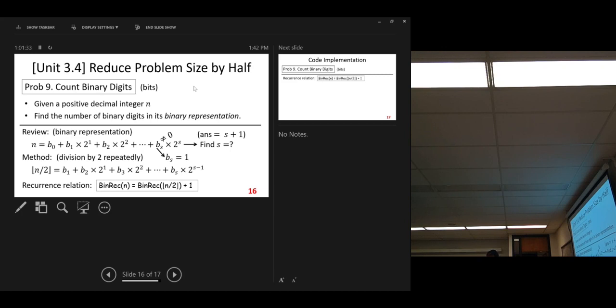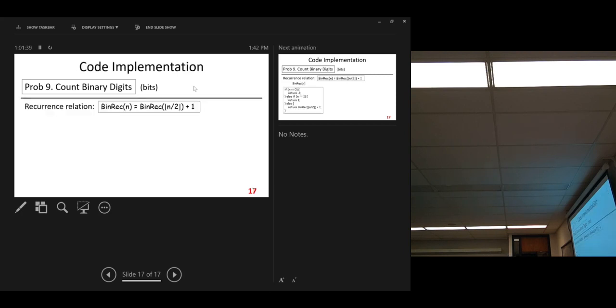The floor function is the hardest part. So let's try to solve it. The biggest difficulty we want to overcome is this floor function.